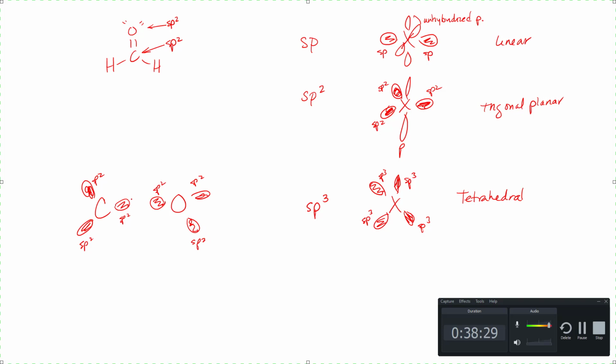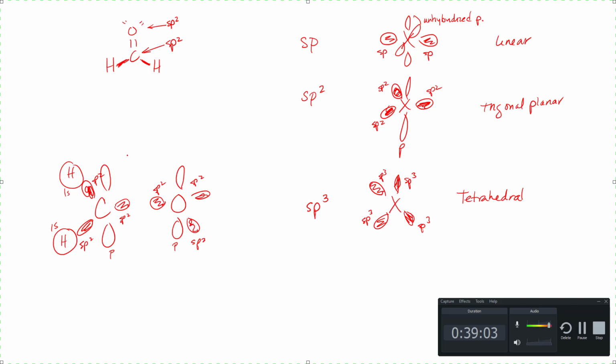Each carbon and oxygen atom is going to have 1 unhybridized p. The way I've drawn this, the carbon's attached to 2 other hydrogens, so 2 of the sp2 hybrid orbitals are going to be overlapping the 1s orbitals of the hydrogen to form these 2 carbon-hydrogen bonds.